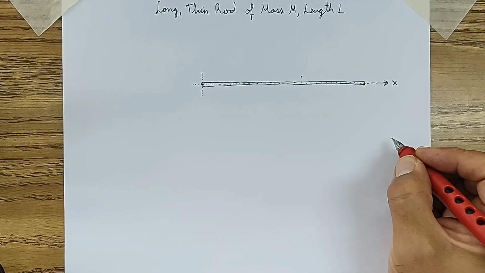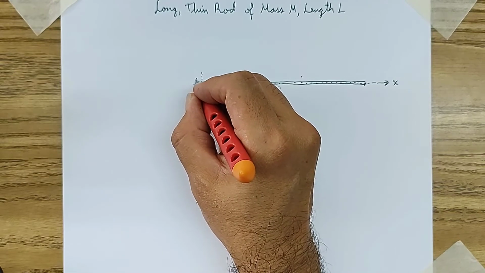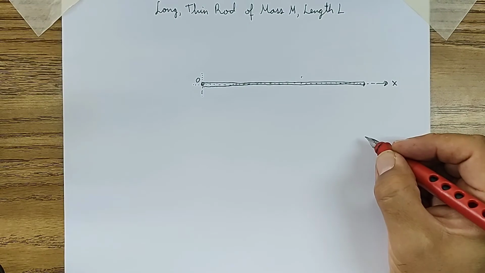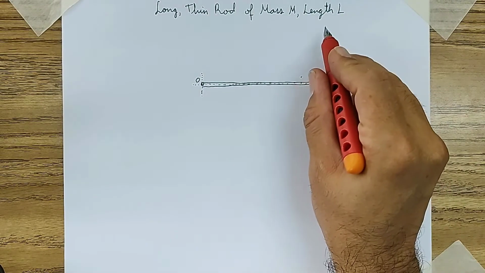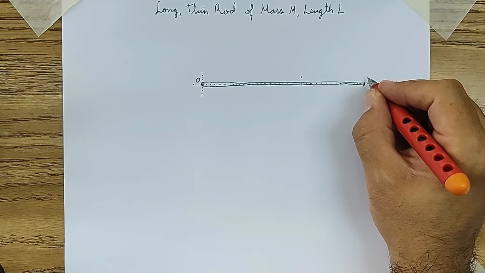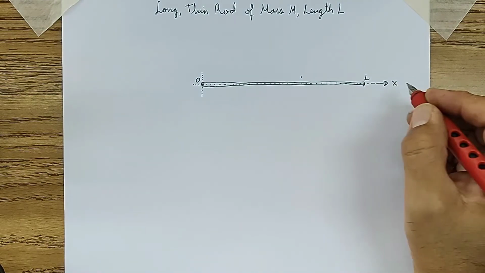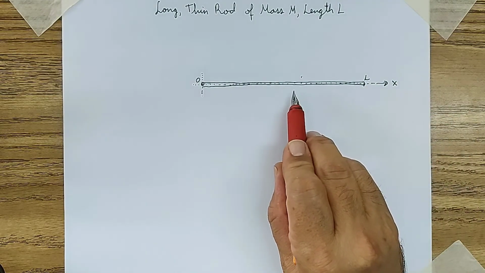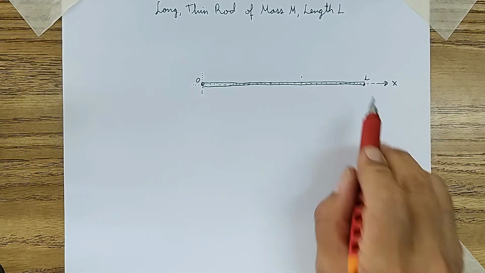And for this example in particular, we want the origin to be placed at one end, the left end of the rod. Because the length is L, then the x-coordinate of the right end is going to be L, which means that the variable x for the rod is going to vary from 0 to L.